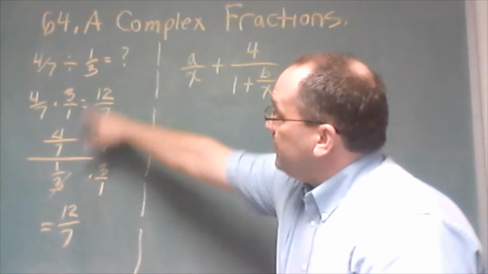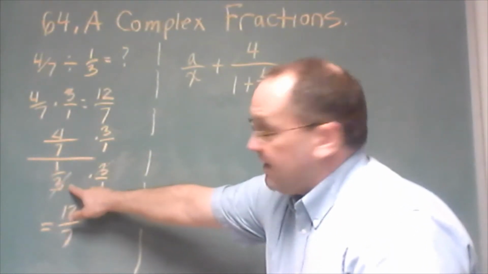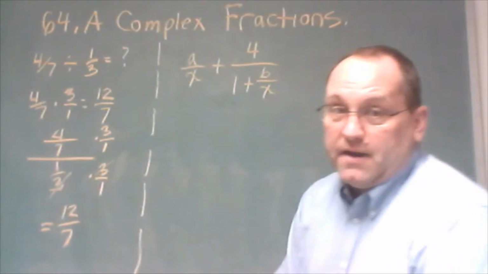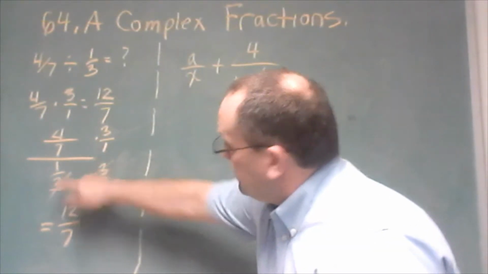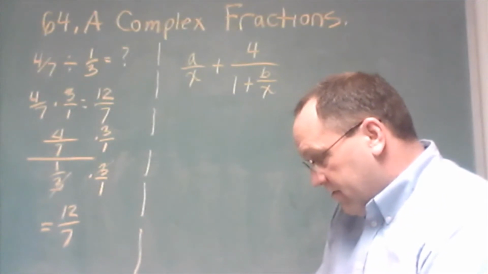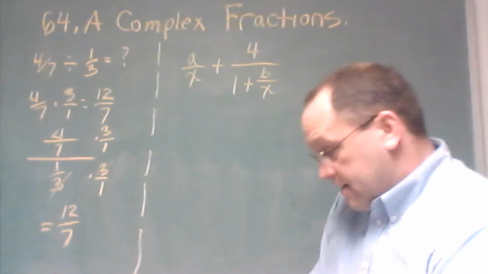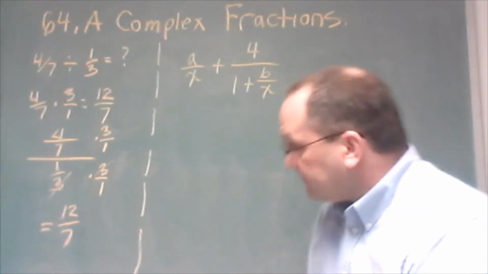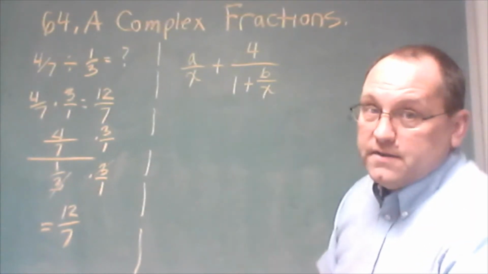If we express it as a complex fraction, the 4/7 divided by 1/3, we can see we have more than one fraction line. We actually have three fraction lines: 1, 2, 3. In this case, they're either going to ask us to simplify or to express it as a simple fraction, a simple fraction being one term in the numerator, one in the denominator.